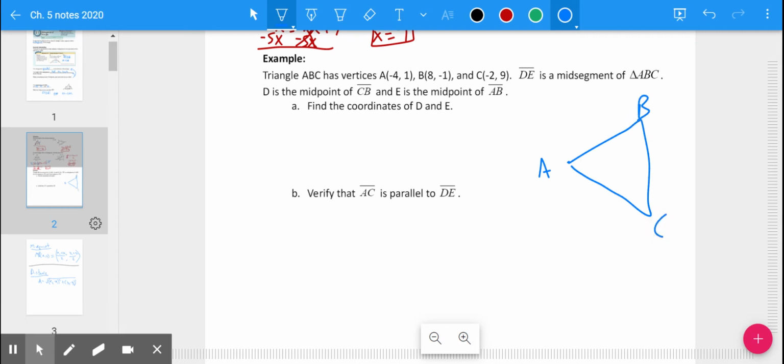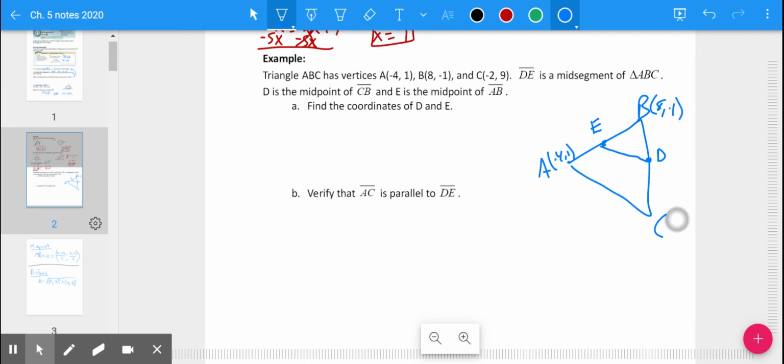I'm looking at segment DE, which is the midsegment, where D is the midpoint of CB. So D is right here, and E is the midpoint of AB. So this is kind of what it looks like, and it would be on a graph though. We have certain coordinates. So like A is negative 4, 1. B is 8, negative 1.